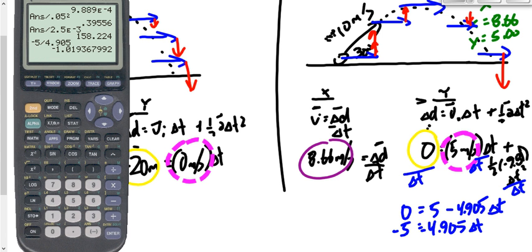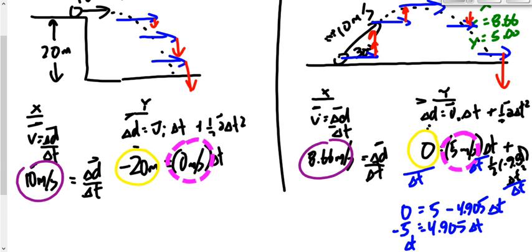We end up getting negative 1.019. Which we turn around and sub back into there, and we multiply by 8.66 to get the horizontal displacement. So mathematically, it's a little bit different, right? Mathematically, it ends up being a little bit tougher to solve for the value of t because VI isn't 0.